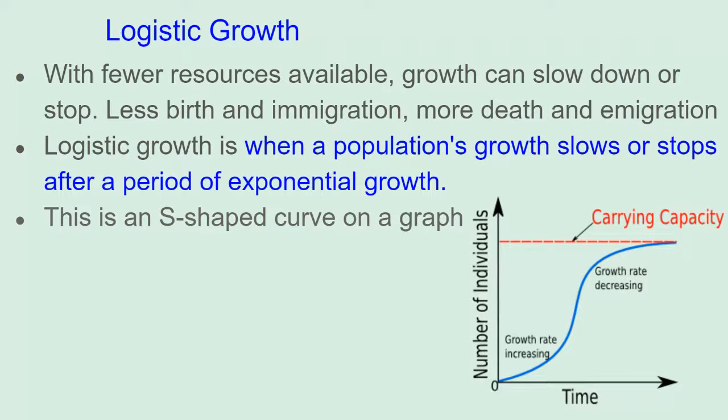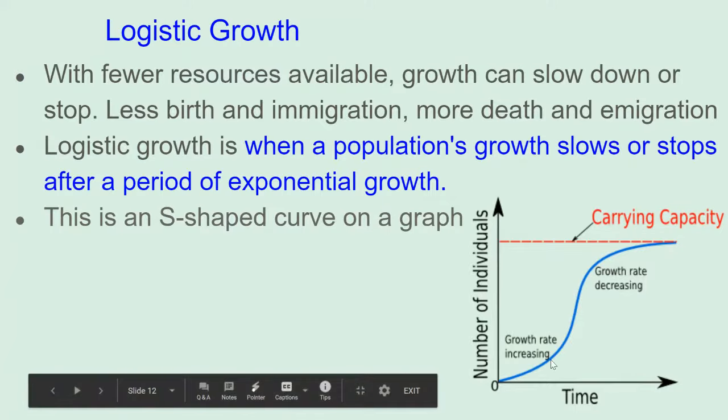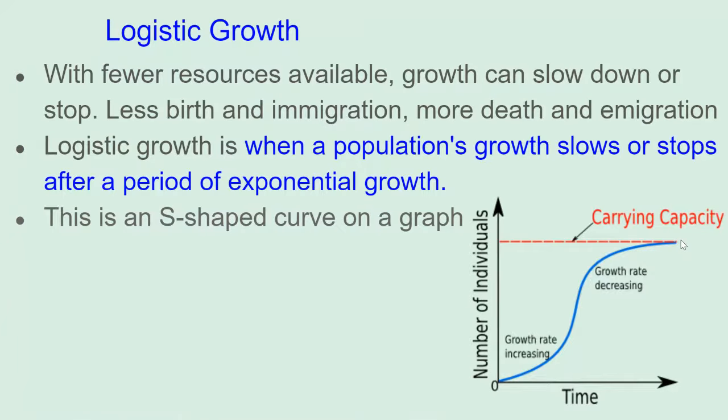Most likely, once you've grown exponentially for a while, you're going to reach a carrying capacity when the population's growth stops or slows down. And the model that we use to show that part of population growth, where it slows down or stops after a period of exponential growth, is called logistic growth.